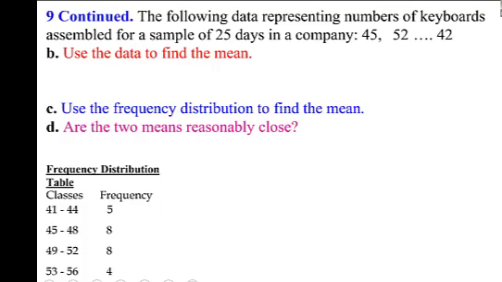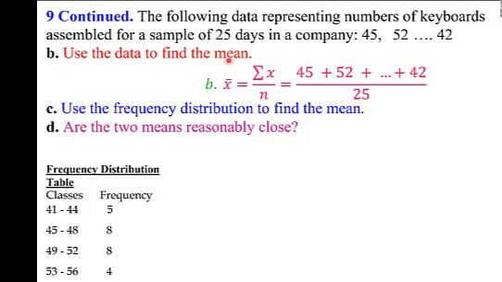Now we are interested in using that to find the mean. First, we are going to use the data to find the actual mean, which is summation of x over n. So x bar is summation of x over n.